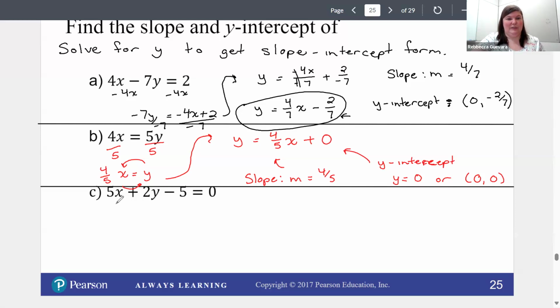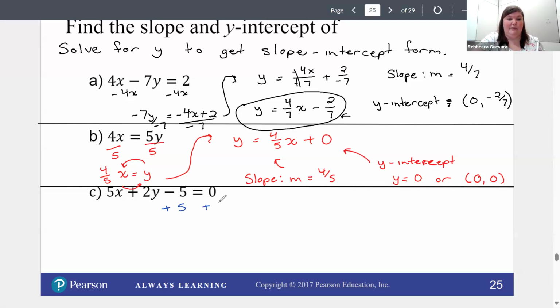All right, one last one. So this is all set to 0. So this is like a standard form. A lot of times when we have standard form, or general form, we try to get rid of fractions. We try to set it to 0. So in this case, we want to isolate y again.